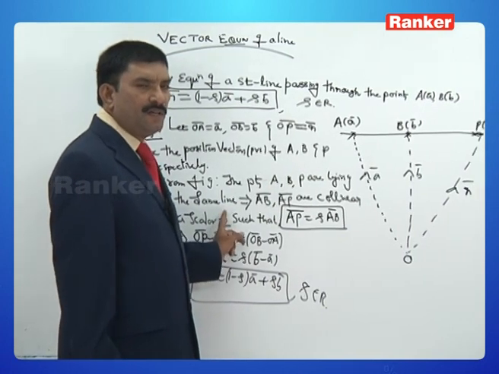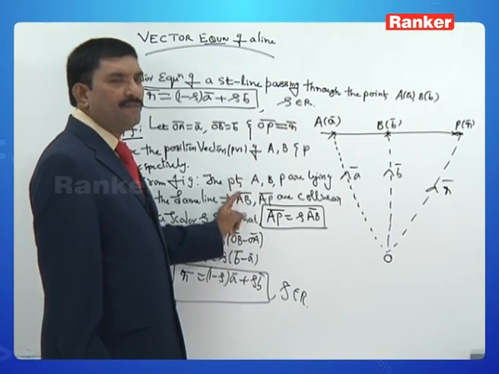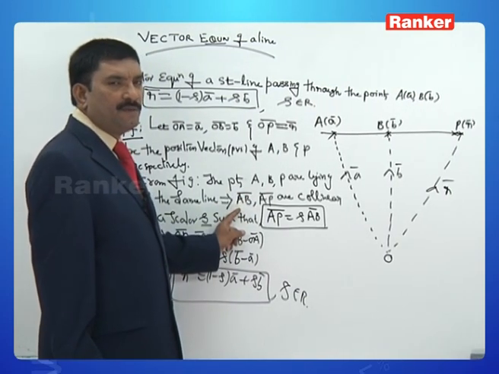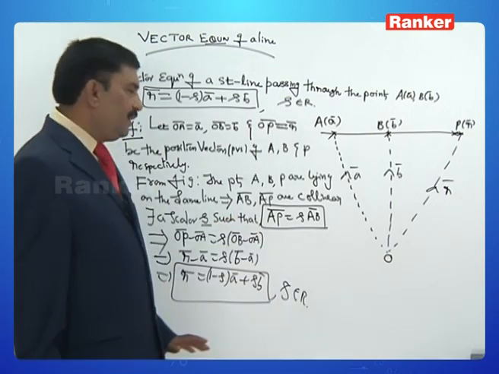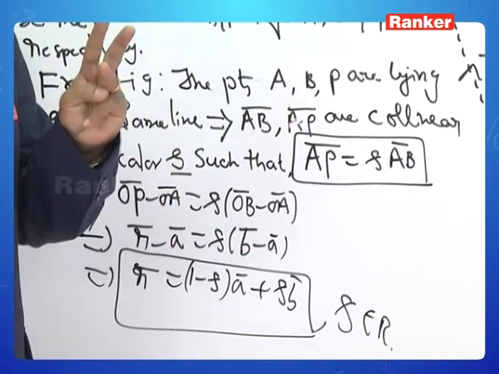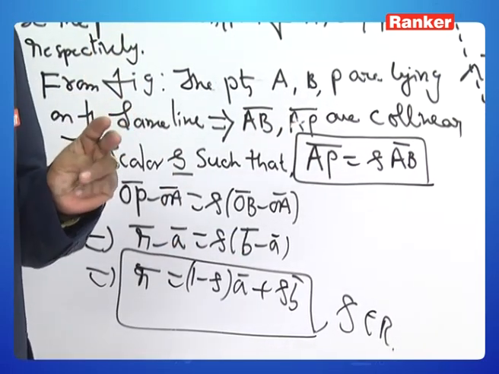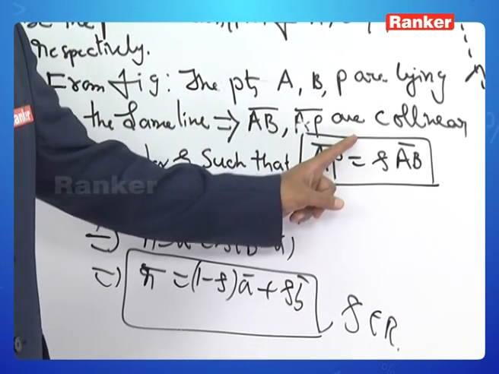Which means what? They are collinear, which implies the vectors formed by them are also collinear. So therefore, with the 3 points, 2 vectors you can form: AB bar and AP bar are collinear.